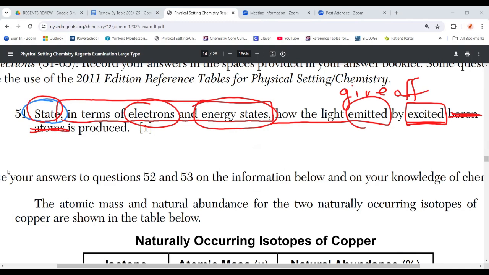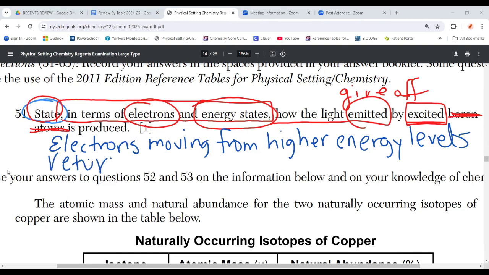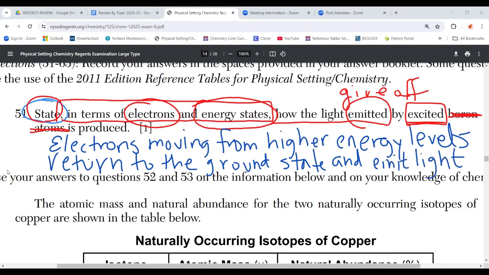So if I were to construct an answer to this question, I would say... Okay, so notice that I have very specifically mentioned the word electrons and I mentioned energy levels.